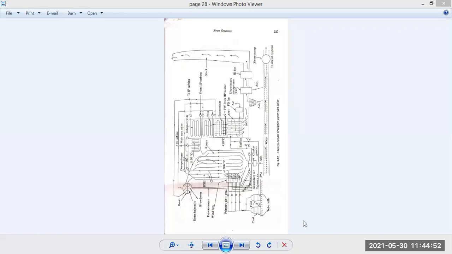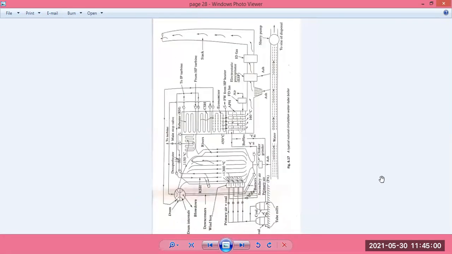Now here we are showing the schematic flow diagram of a common natural circulation steam generator itself. Water at 170 to 260 degrees centigrade, depending on the boiler pressure, from the high pressure feed water heater enters the economizer and leaves saturated or as a two-phase mixture of low quality.